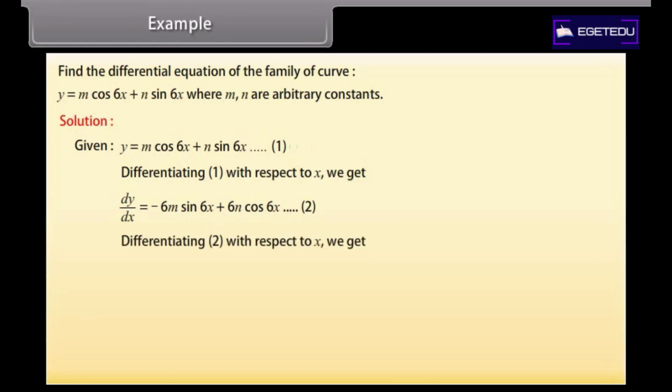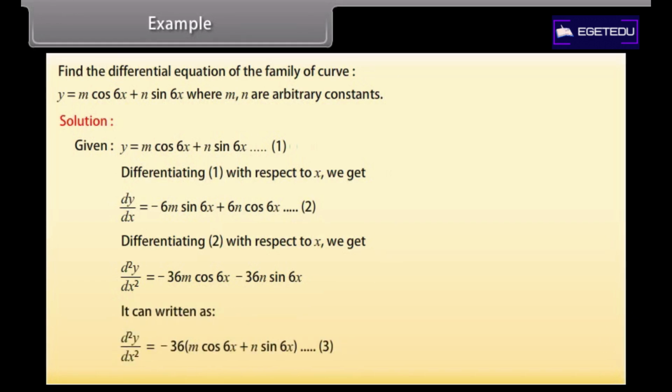Differentiating equation 2 with respect to x, we get d2y by dx square equals minus 36m cos 6x minus 36n sin 6x. It can be written as d2y by dx square equals minus 36 into (m cos 6x plus n sin 6x).